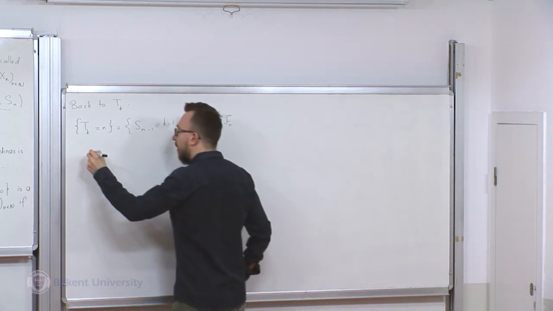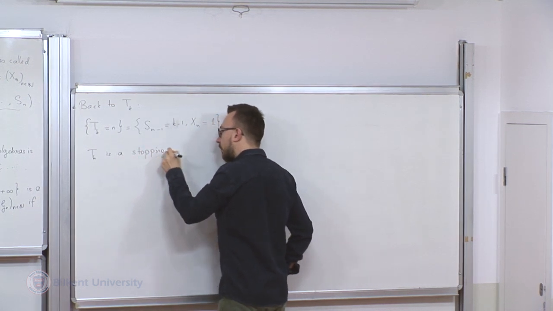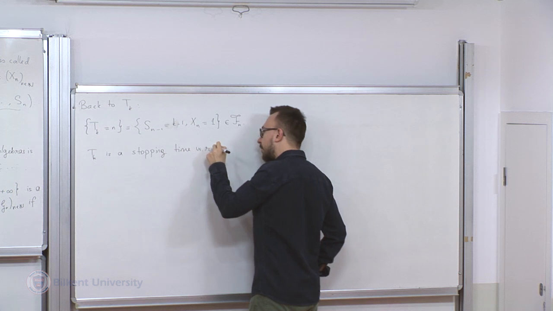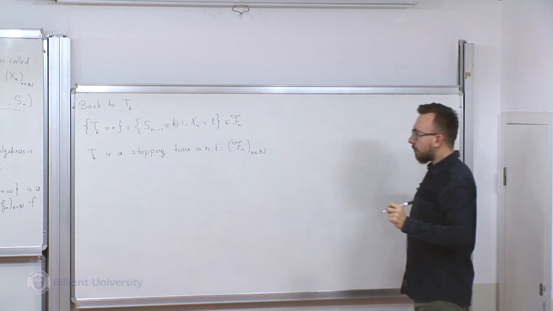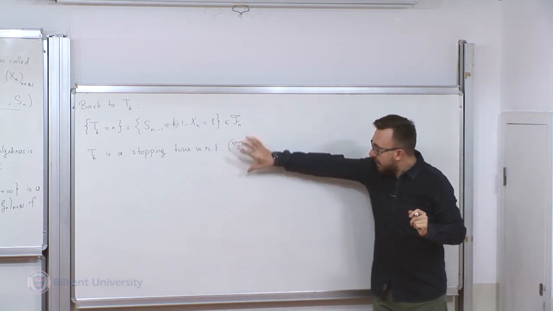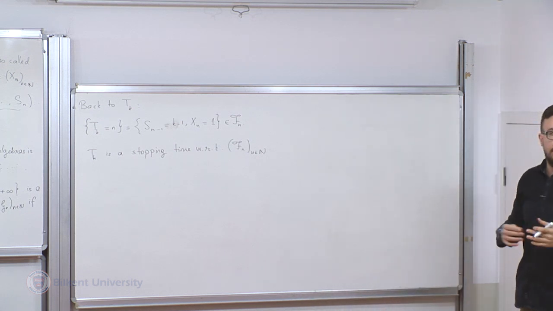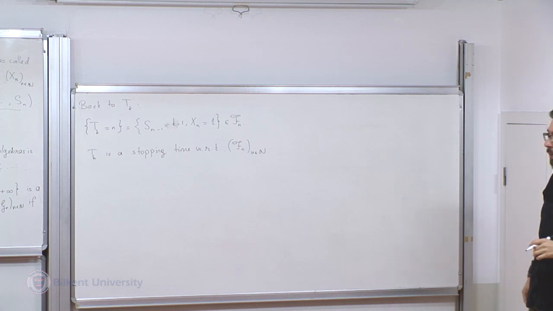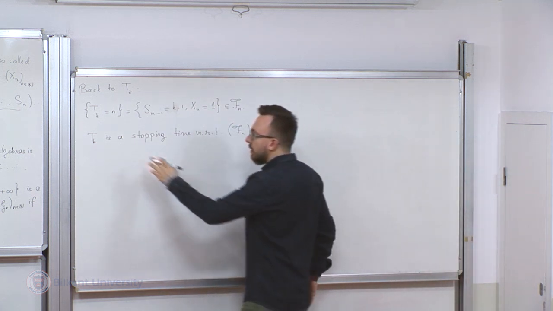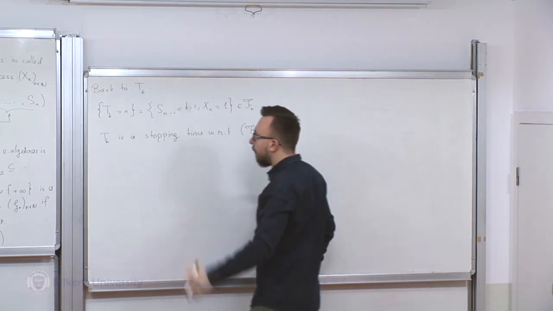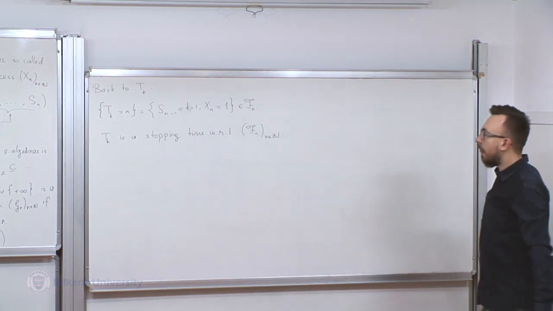So Tk is a stopping time with respect to the filtration Fn. So it's not just one of those Fn's, it is the whole filtration. It's not a simple measurability criterion, it's more than that. And this k is just 1, 2, 3, 4. So for each k, this is a stopping time of the filtration. Okay.